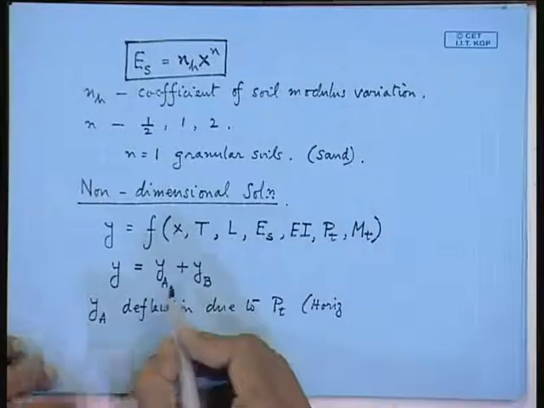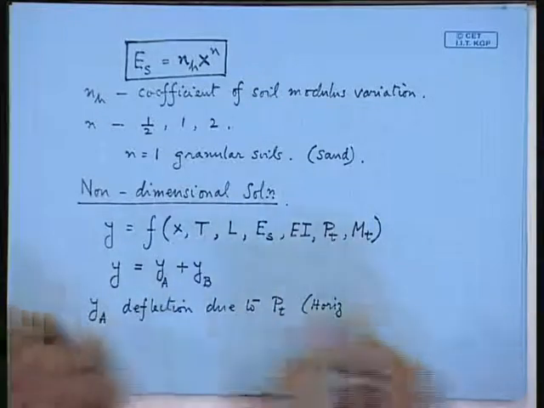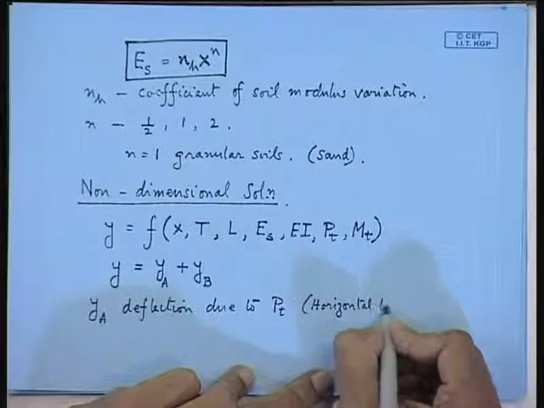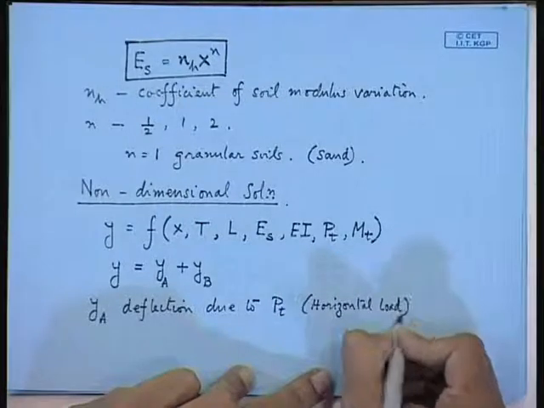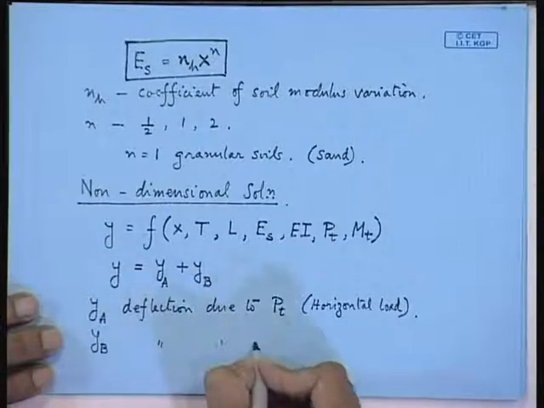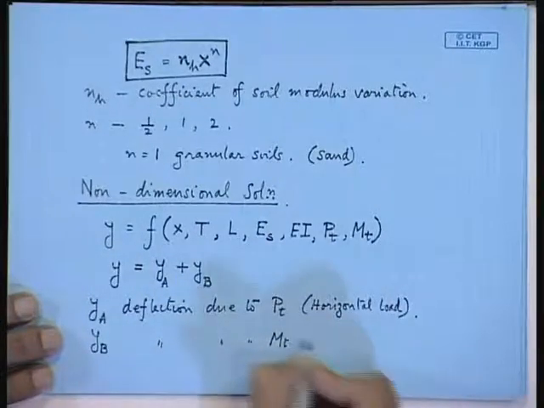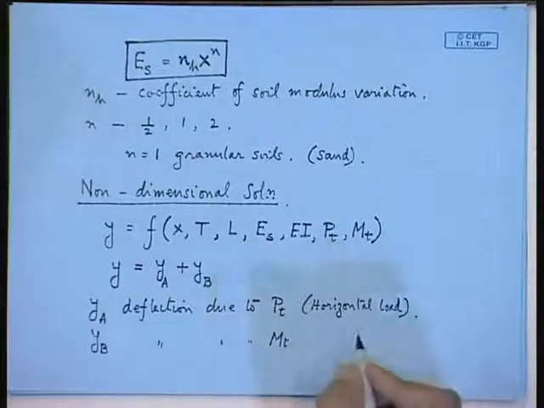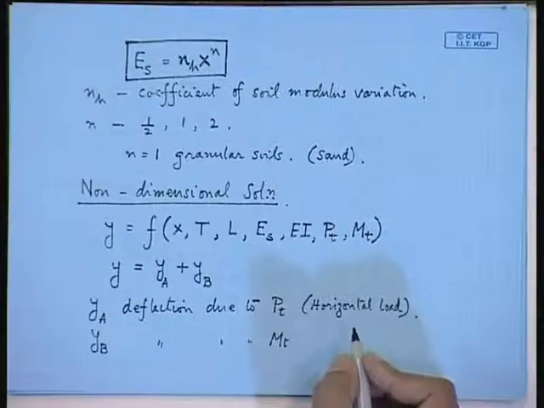So, there will be actually two deflections, one coming from the horizontal load and YB is coming from the moment. So, these are the things which you have to find out.